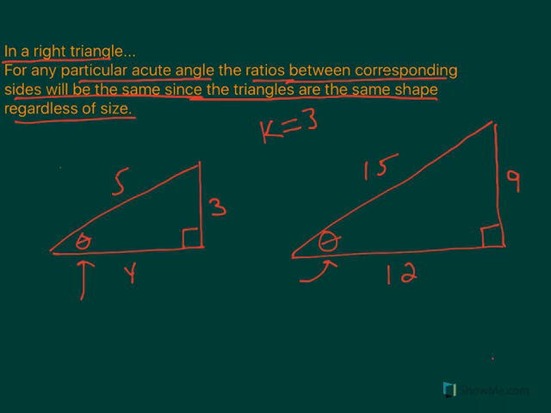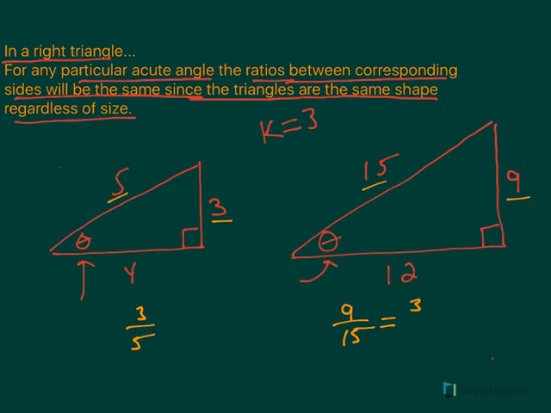if we made a comparison between the 3 and the 5, then that's going to get us a 3 to 5 ratio. If we made the same comparison in the bigger triangle, it's going to be a 9 to 15 ratio. But if you simplify the fraction, 9 over 15, that is going to be the same ratio as 3 to 5.